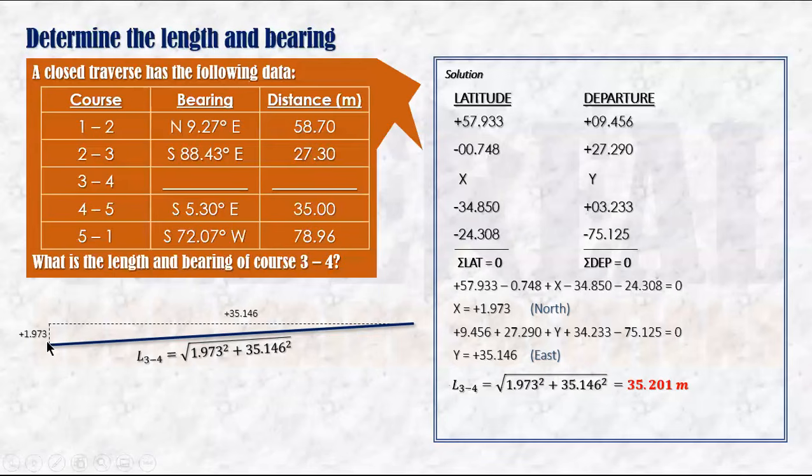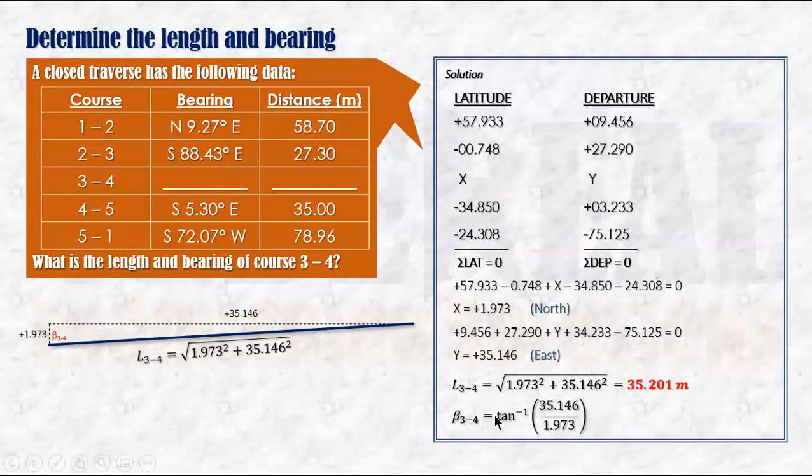Well, if we're to calculate the bearing, it must be here, no? Relative to the north, since this is northeast, no? So expect to have a northeast direction in that bearing. And to get this, as we know, based on trigonometry, the tangent of this bearing beta of 3-4 is equal to this opposite side over this adjacent side. Now, tangent beta is equal to 35.146 over 1.973.